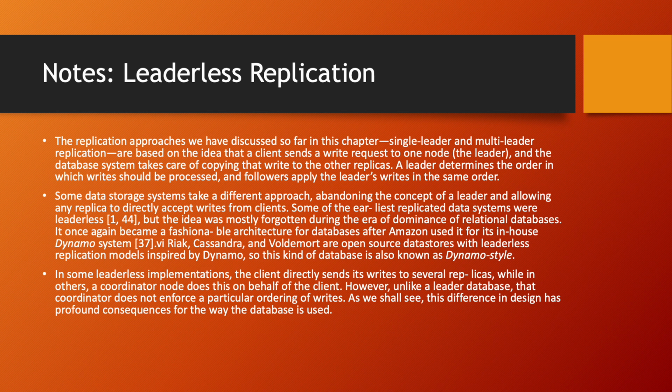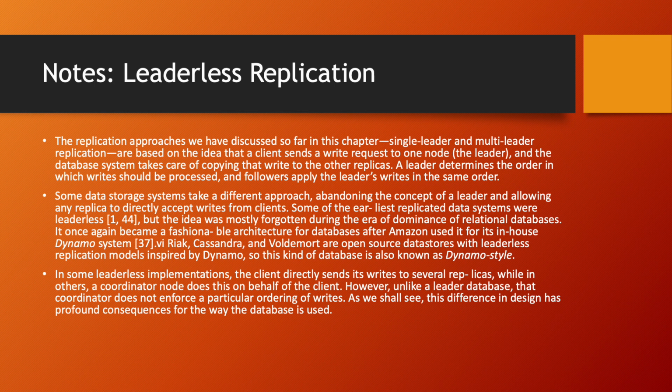Some of the earliest replicated data systems were leaderless, but the idea was mostly forgotten during the era of dominance of relational databases. It once again became a fashionable architecture for databases after Amazon used it for its in-house Dynamo system. Riak, Cassandra, and Voldemort are other open source data stores with a leaderless replication model inspired by Dynamo.